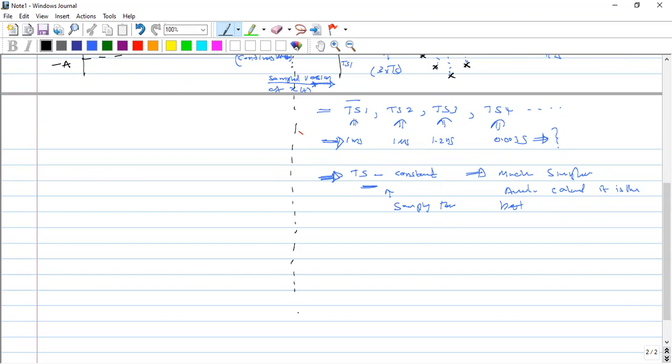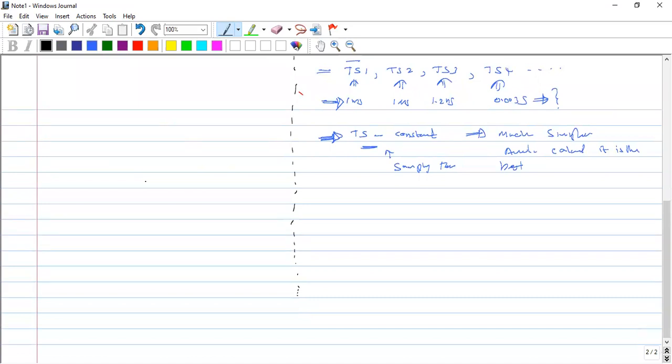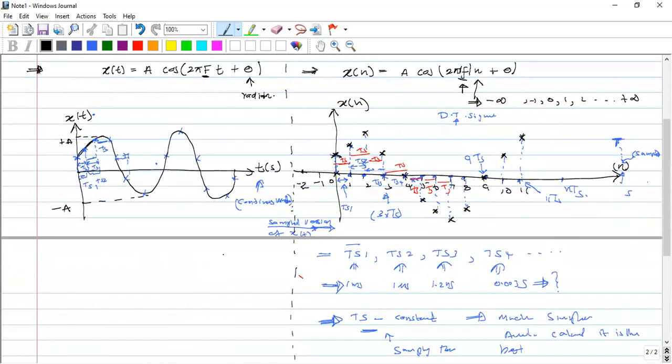Next, you have learned about the periodicity of the sinusoidal signal. All sinusoidals are periodic, so we can write it like this. This T is called the fundamental period. That is the time to complete one cycle in the sinusoidal case.